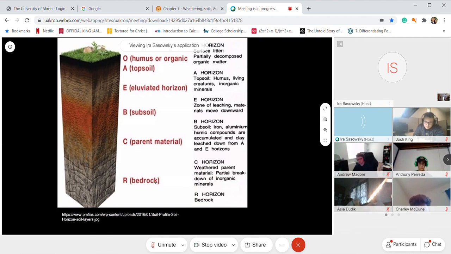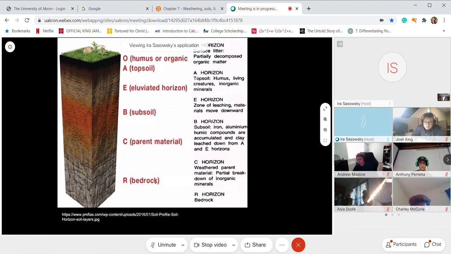In the E horizon, we are leaching or pulling material outward and moving it down. Below that, we get into the B horizon, which is called the subsoil. There we are accumulating the things that have been leached out from the A and E horizons. So we're moving things down and reprecipitating or redepositing them in this lower soil.